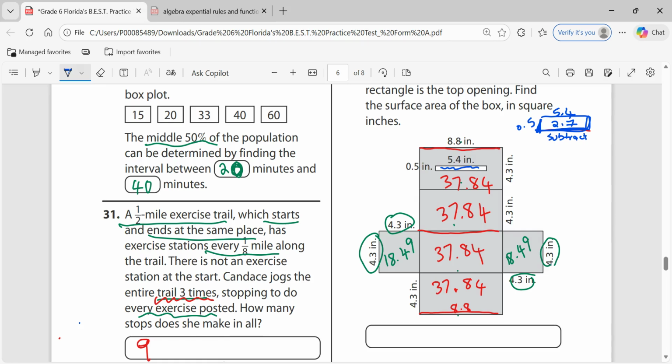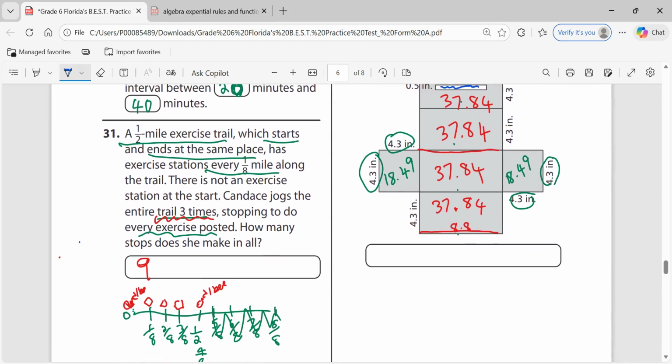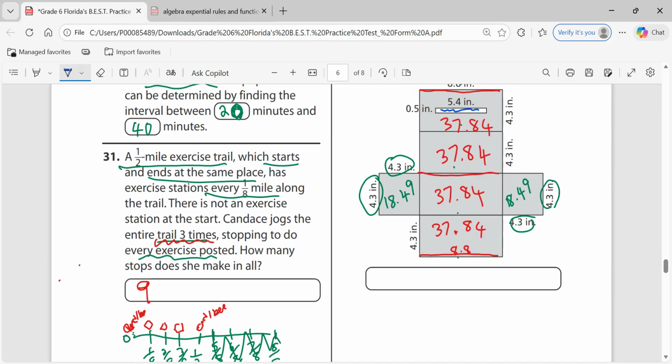So now let's go ahead and put it all together. You could also multiply this by 4 and multiply that by 2. But we're going to add, just for clarification, 18.49 plus 37.84 plus 37.84 plus 37.84 plus 37.84 plus 18.49 plus 18.49.